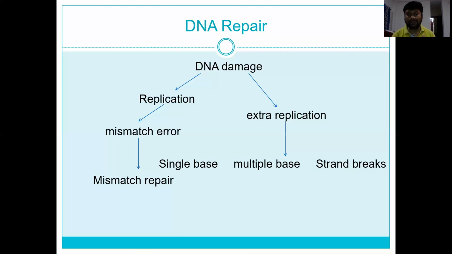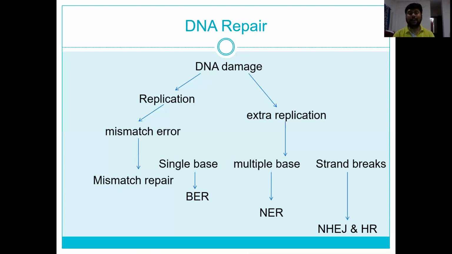To correct these different types of errors, we are equipped with different and specific repair mechanisms. For correcting single base errors, we have base excision repair. For correcting multiple base errors, we have nucleotide excision repair. And for correcting double strand breaks and cross linkages, we have non-homologous end joining and homologous recombination.